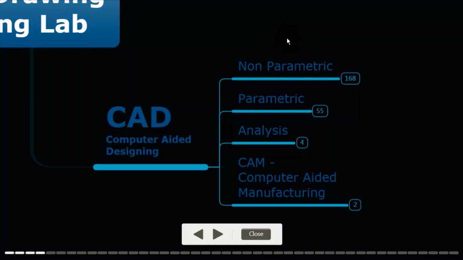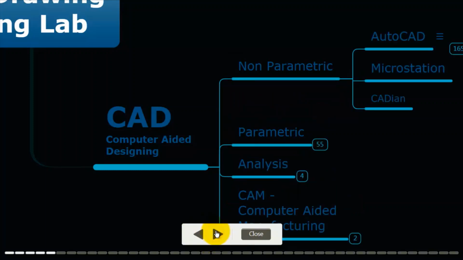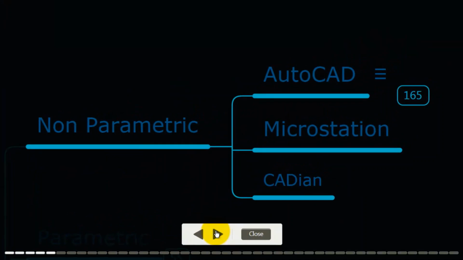They provide us with better features in case we want manual drafting to be done. And here as well, most of the calculations and deciding parts have to be taken care of by us manually. Whereas parametric software are slightly different. Let us go ahead and see what are the software available under each of them.